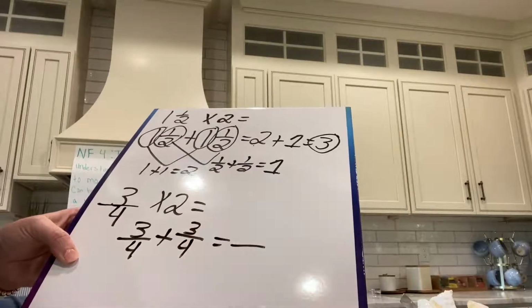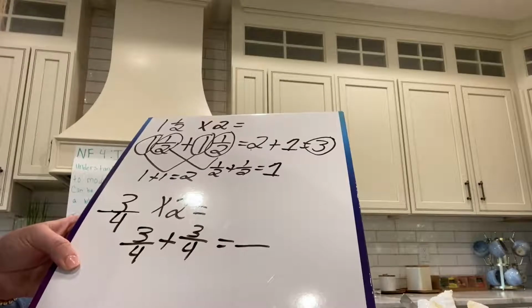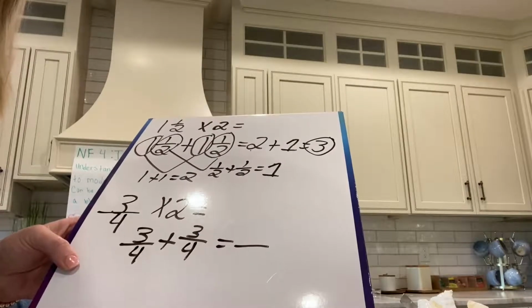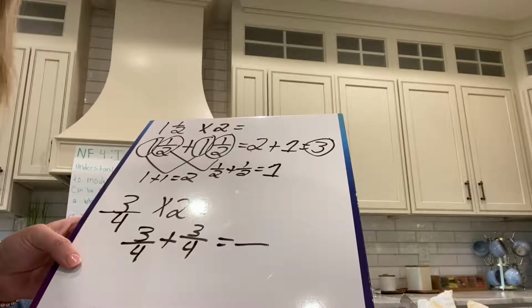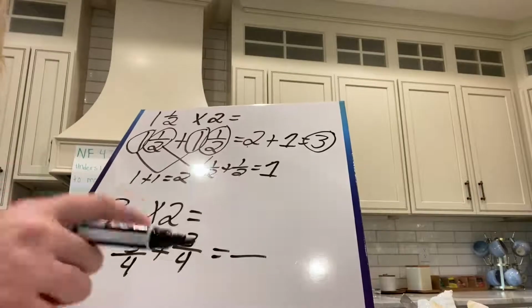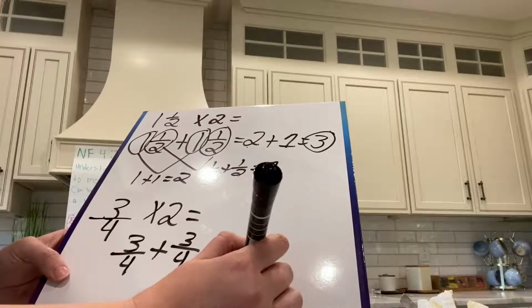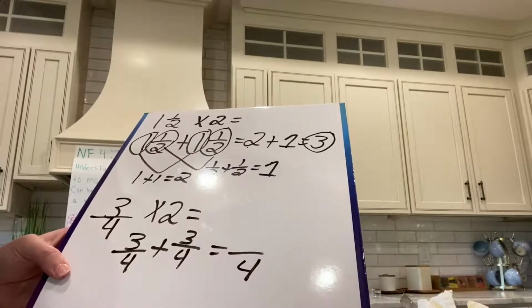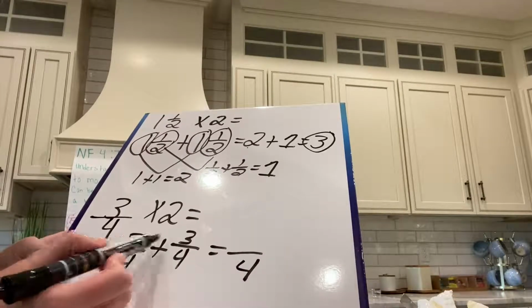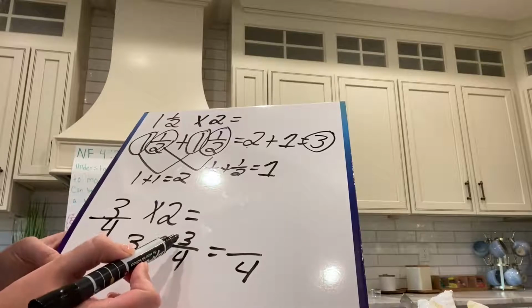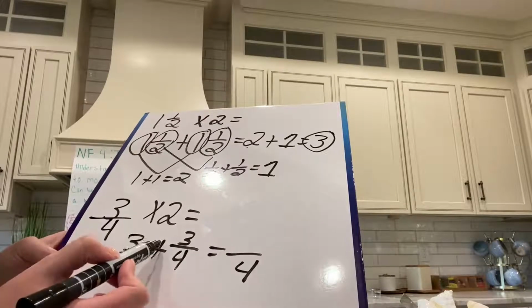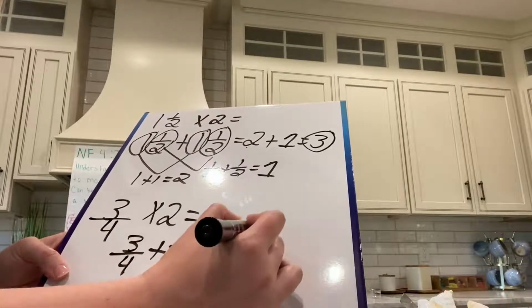I know that in 4th grade, we never change our denominators. Do you remember which number is the denominator? The top or the bottom? That's right, the bottom. So I'm just gonna carry this 4 right over to my answer because it never changes. Now I'm gonna add my numerators. That's the number on top. 3 plus 3 is 6.